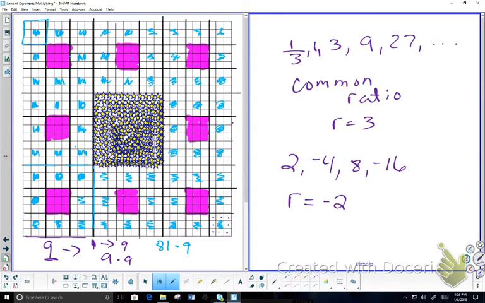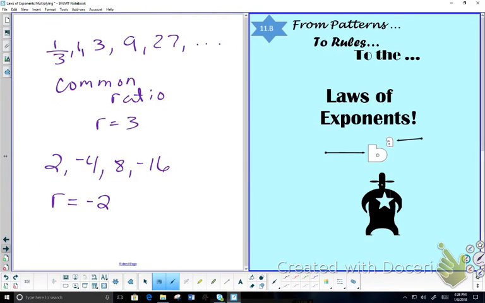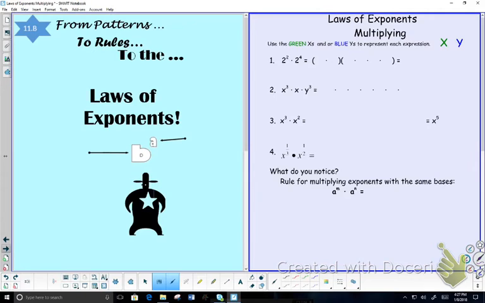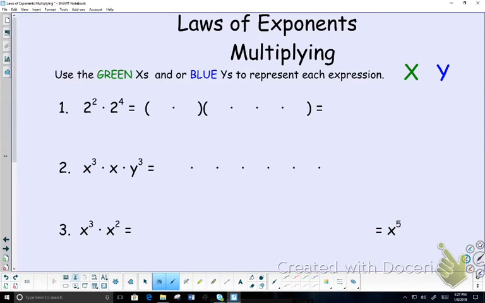And now that you kind of got into that habit of multiplying by the same thing over and over again, I'm ready to dive into these rules of exponents, because that's really what exponents are doing. They're telling you, hey, keep doing this over and over and over again. Let's multiply and multiply and multiply by it. Okay, so let's open up our book to that inner page right there, and let's see how this works. I'm interested in 2 squared, 2 to the 4th, okay?